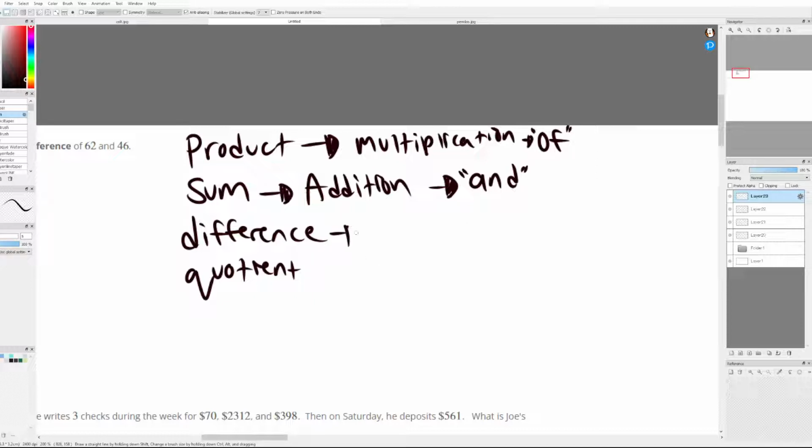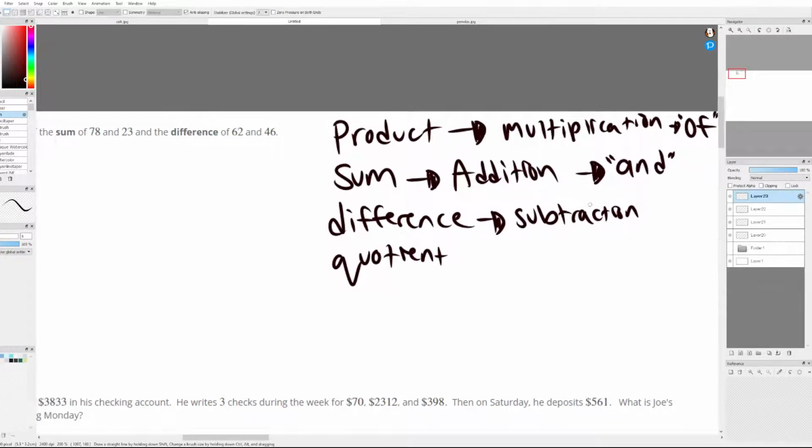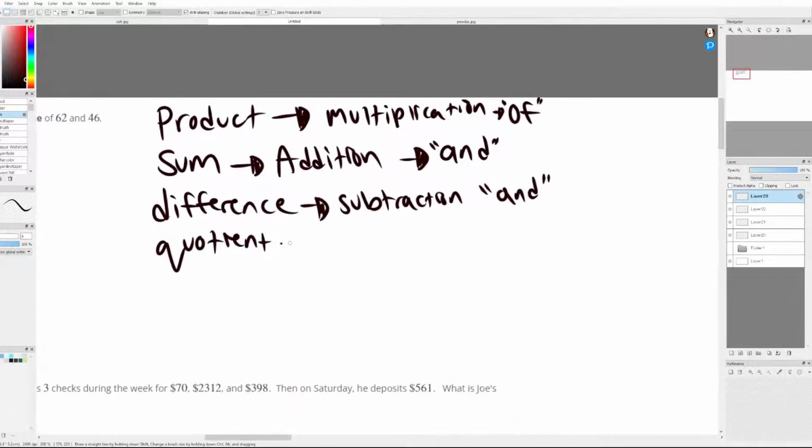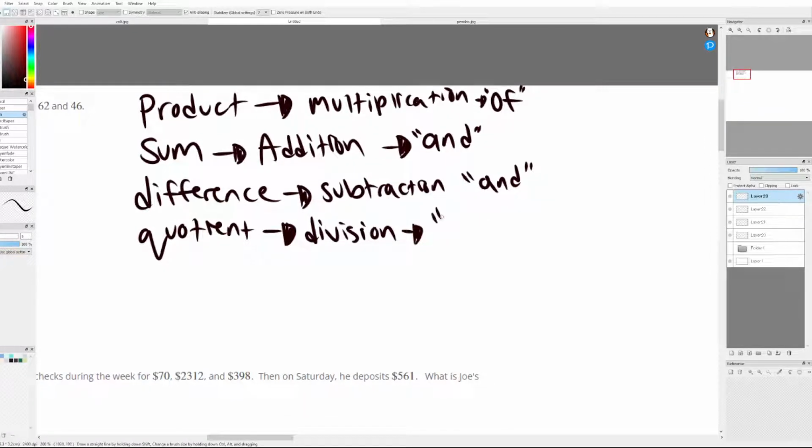The difference implies subtraction, and usually it can be seen with and or from. But usually it's going to be and. From can be with quotient as well. Quotient typically refers to division, and a keyword that you can look out for is also of.